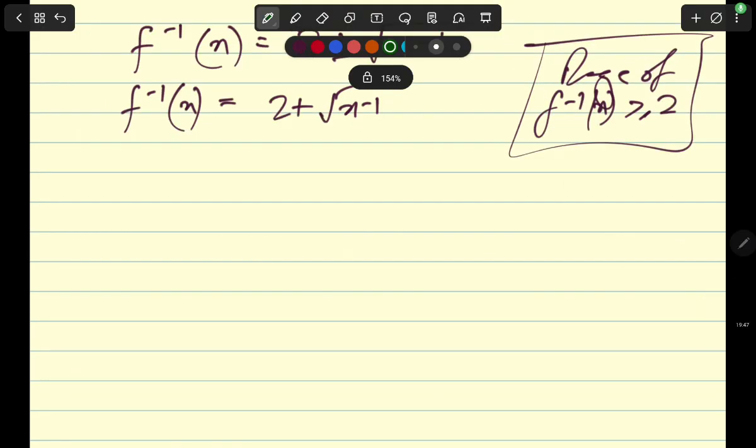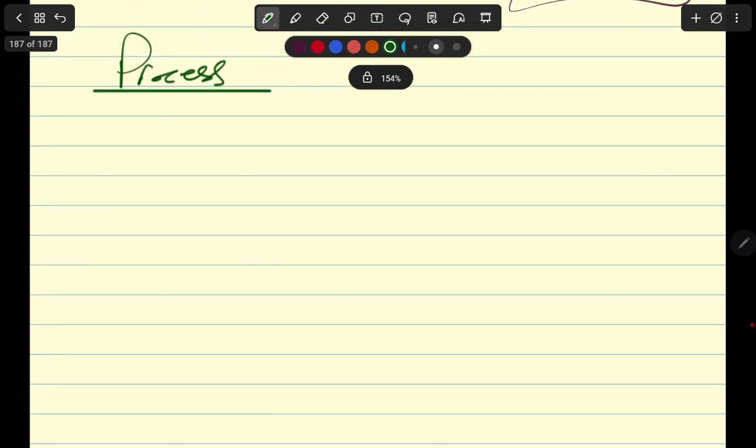So again, what is the process of finding an inverse? We already did the restricted domains.